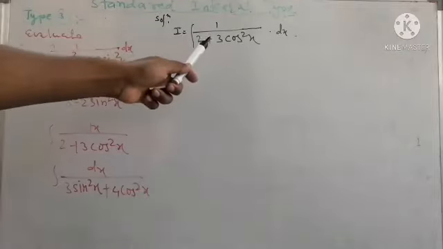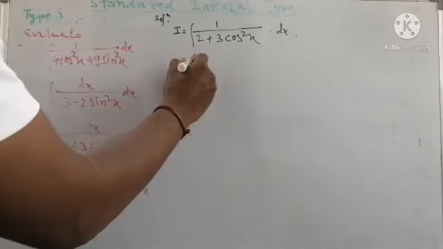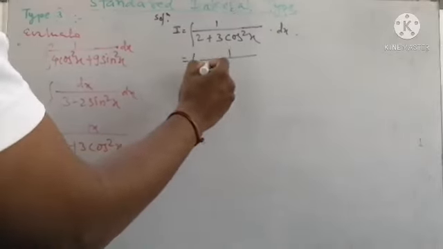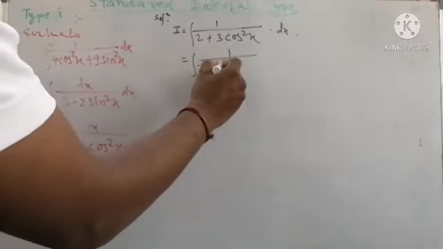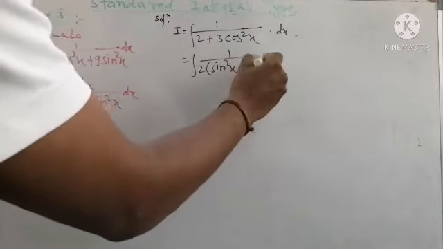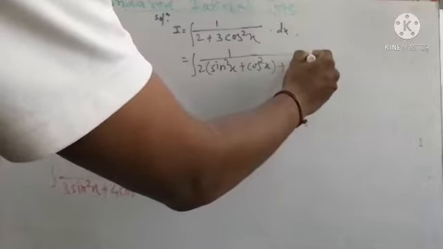I is equal to integration of 1 upon 2 plus 3 cos square x. As you can see here, again the denominator contains only a term of cos square x in addition to the constant 2. So we are going to simplify by writing 2 as 2 into 1, and 1 is replaced by the trigonometric identity sin square plus cos square, and the second term remains as it is.